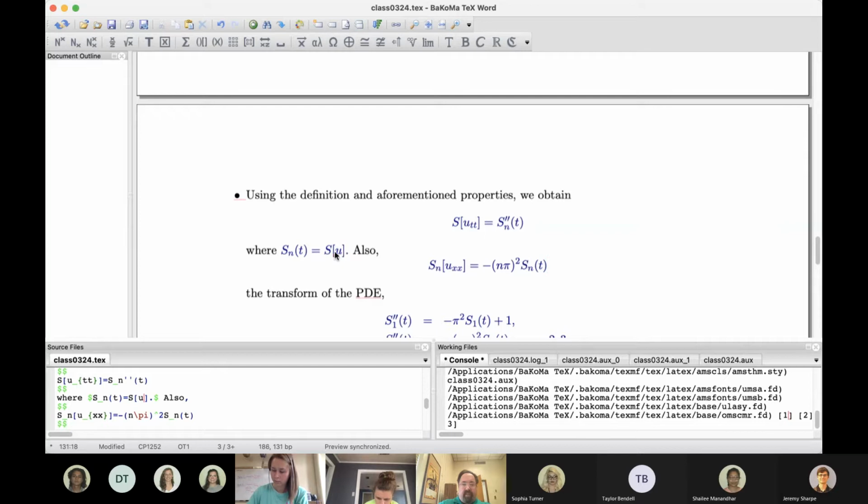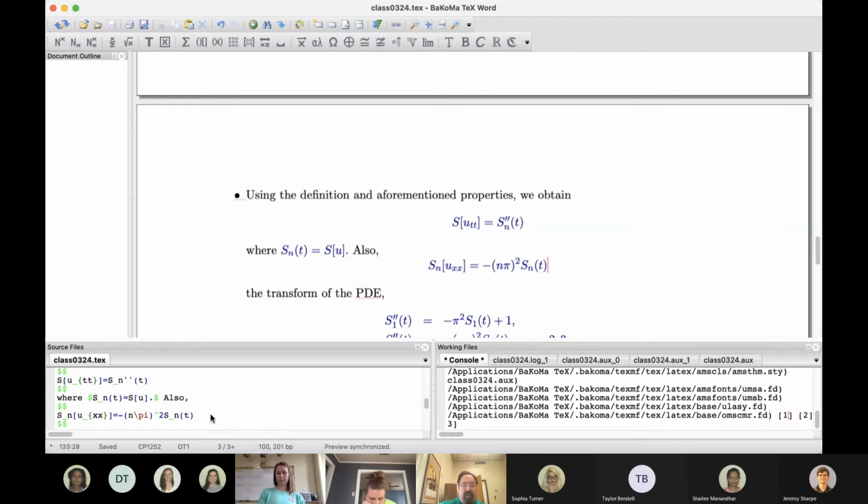Now, the reason why the transform is a function of t here is because u depends on t. The finite sine transform takes a function of x and gives you coefficients S_n. But when the function depends on other variables too, those other variables show up here. So the coefficients depend on those variables, in this case t.